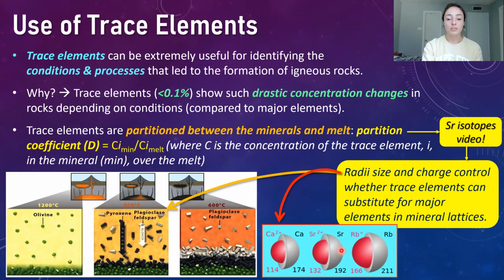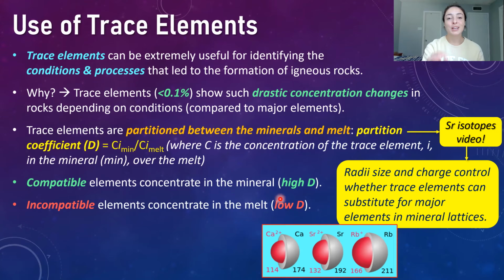The strontium ion, for example, is 2+ charge, therefore the same as calcium ions, and has a similar size, 132 versus 114 picometers, and therefore could be a good substitution ion for the calcium if the opportunity presents itself. Whereas rubidium, as shown here, would not be a great option because it's much larger in size and it only has a +1 charge rather than a +2 charge and wouldn't chemically like to fit in that spot.